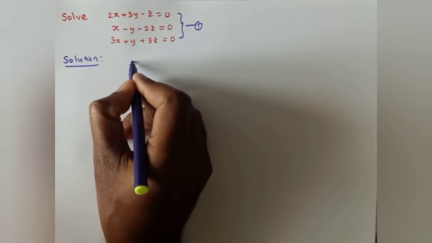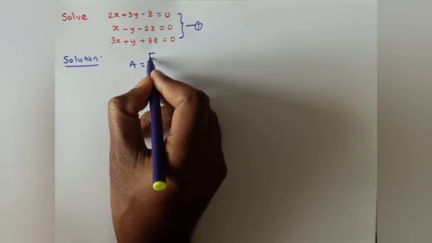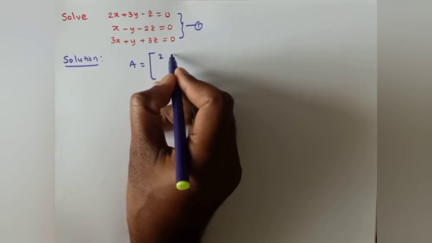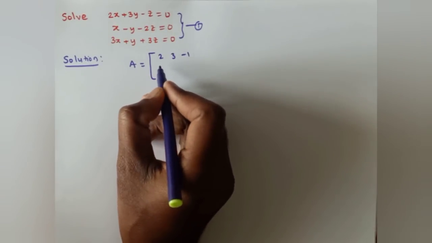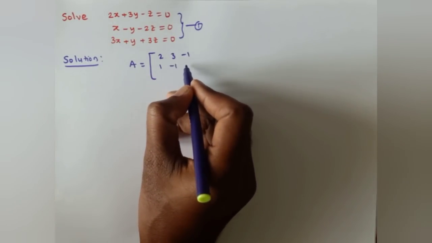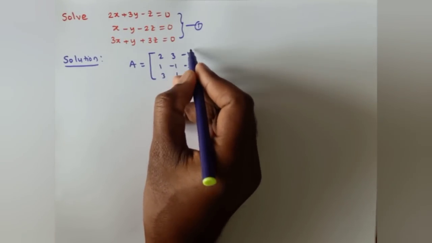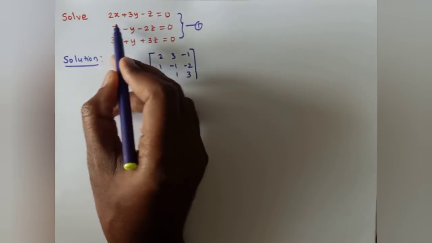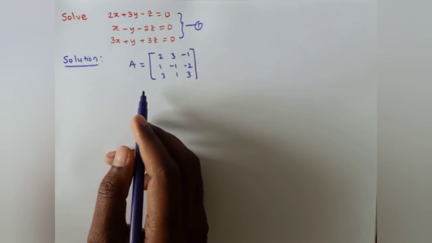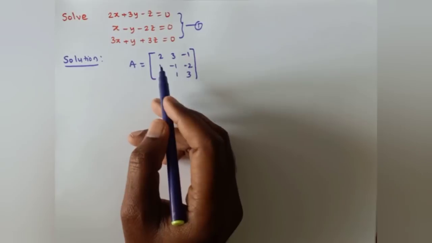Here I am writing the coefficient matrix from the given system, that is 2 3 minus 1, 1 minus 1 minus 2, 3 1 3. Here we need to find the solution for the given system by using the rank.